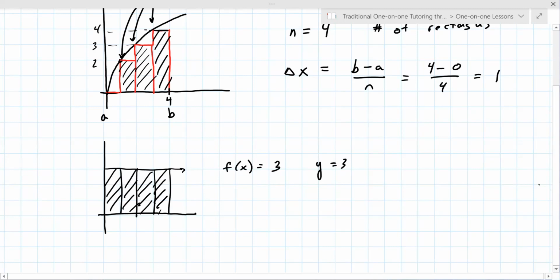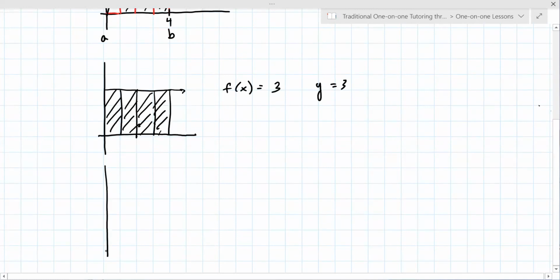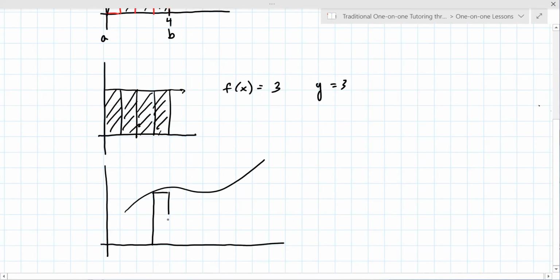What you're used to, and I'll draw this more generally, is a curve that looks like this. Then you're approximating the area by finding these rectangles, where some go below it and some go above it. It's a reasonable approximation. Do you agree that these rectangles pretty well approximate the area?